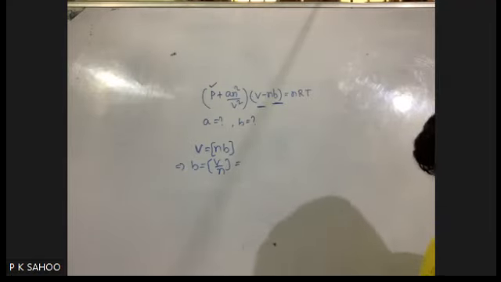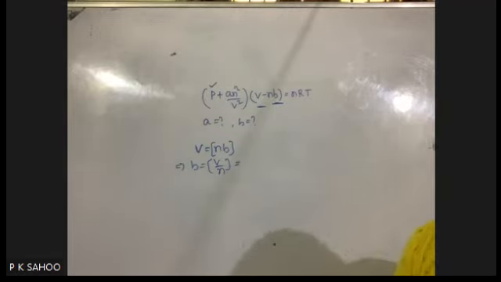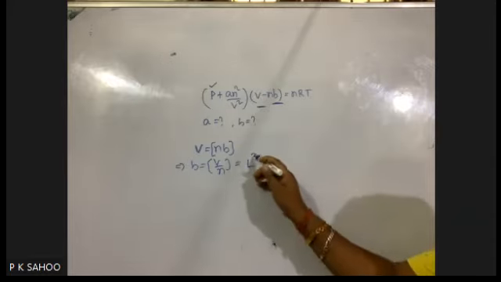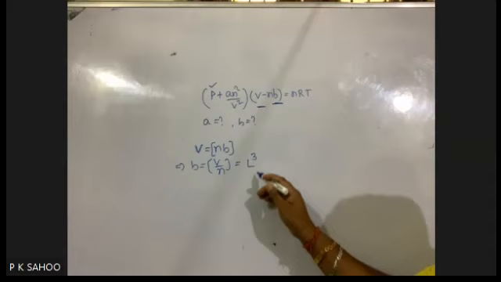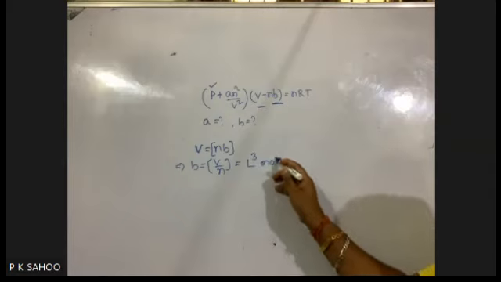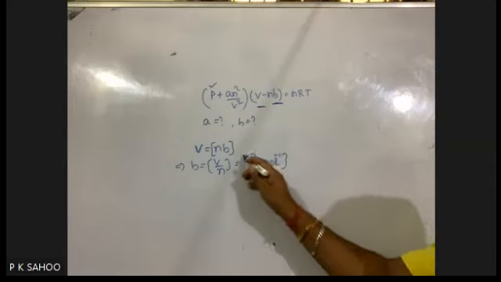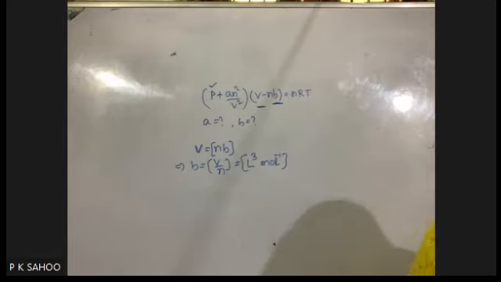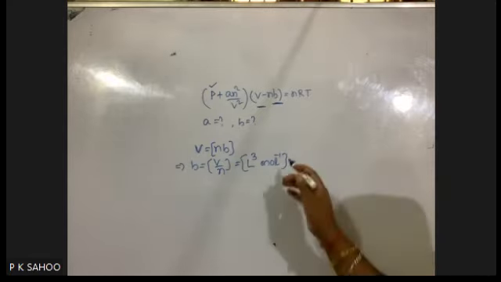Sir, this is volume, L to the power 3. These are all gas related quantities. So B is L to the power 3 mole to the power minus 1. Okay, done.